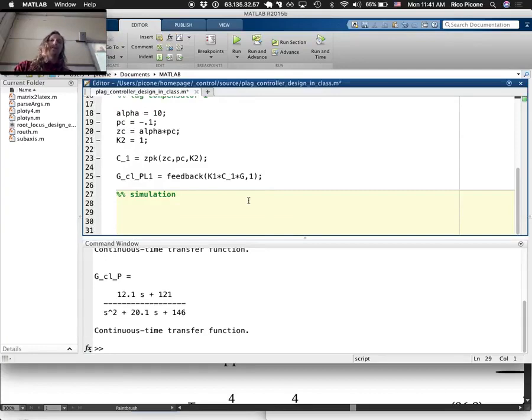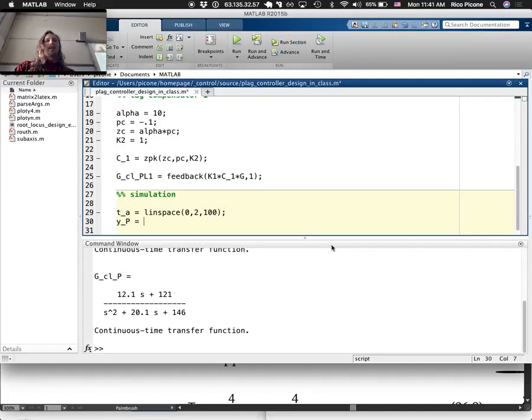Let's do TA equals the time array: linspace from 0 to 2 seconds, and we'll do 100 points, faster. And then let's just do step responses now.